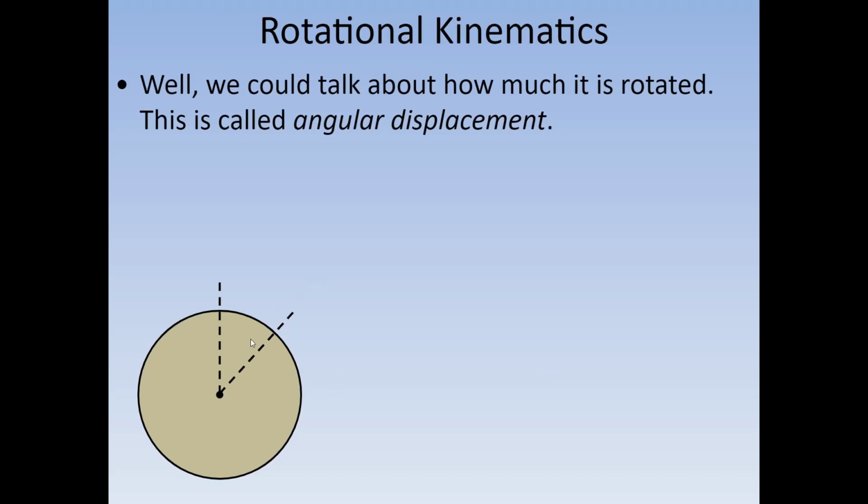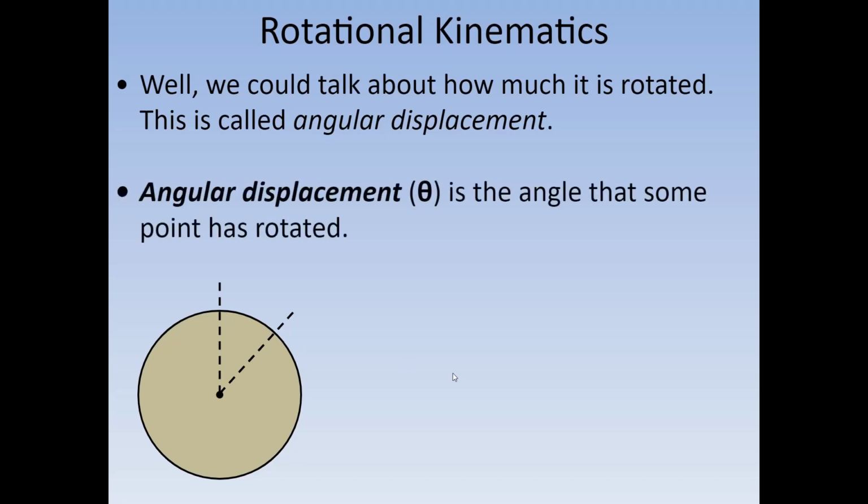If we imagine that there was a point on this sphere, right here, and then it got rotated to this point, well, we can ask ourselves, how much was it rotated? So angular displacement is going to be represented by this theta, and it's going to refer to how much the point has rotated along in that rotation.